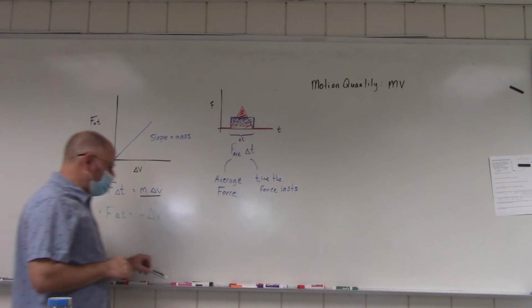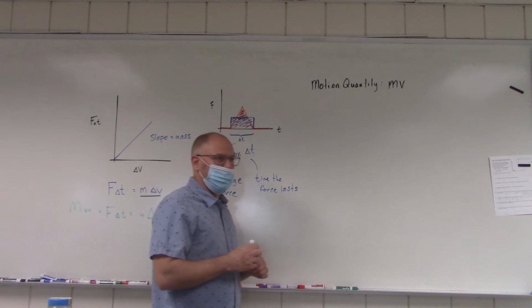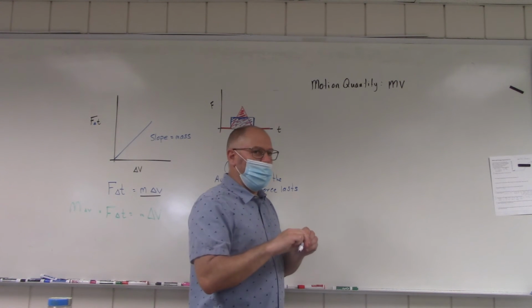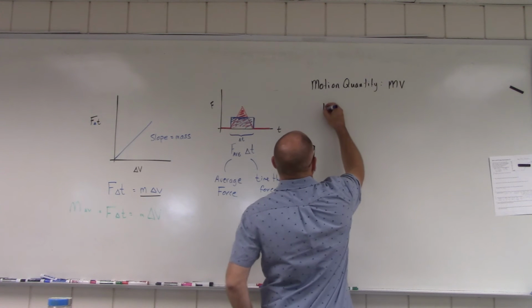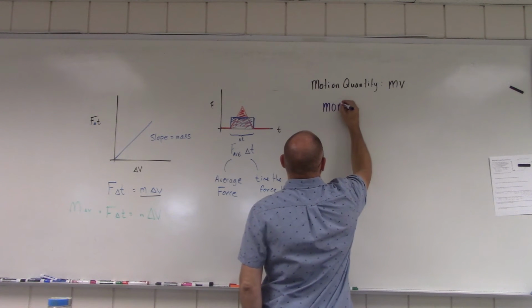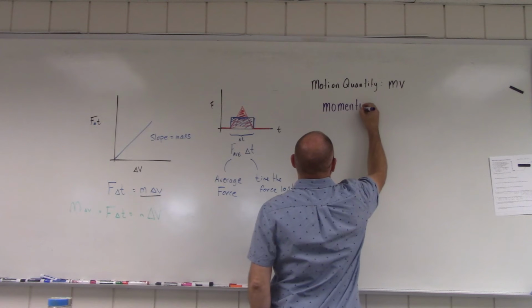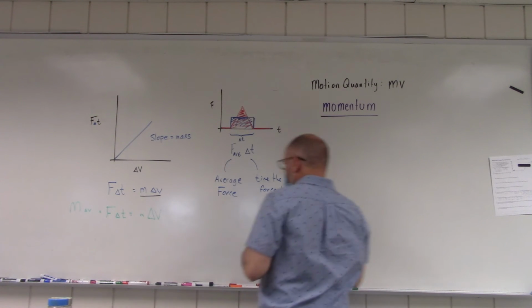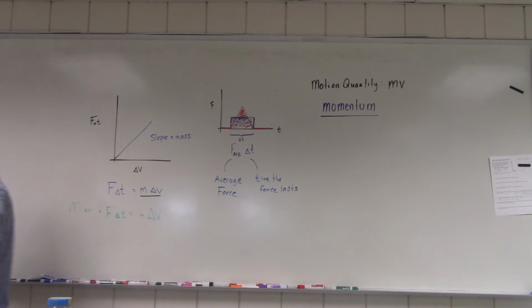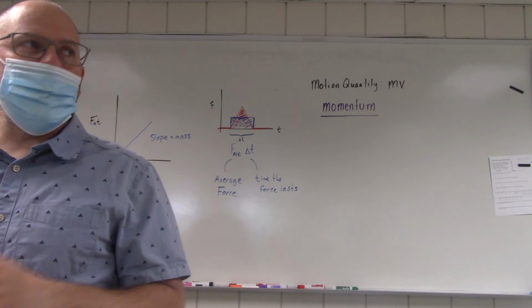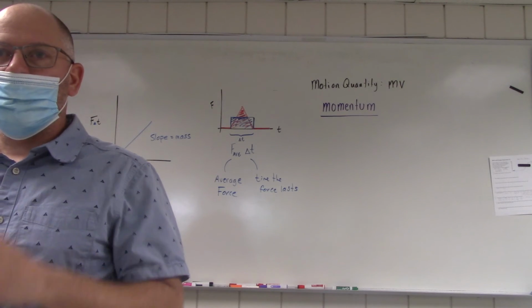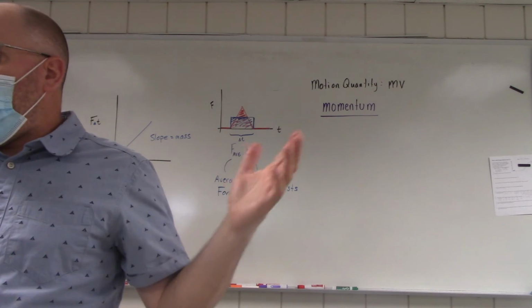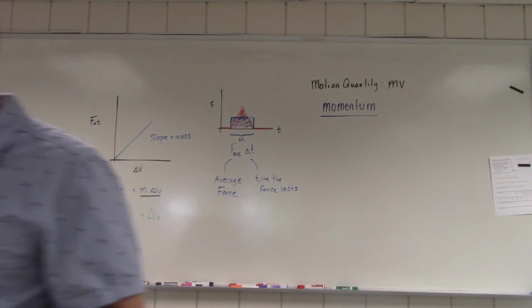Well, here's the nice thing about this. We don't have to call it the motion quantity because it already has its own name. This thing that we're already talking about is called momentum. Momentum is a physics term that is a measurement of how difficult it is to bring an object to a stop, and it's really just the mass times the velocity.